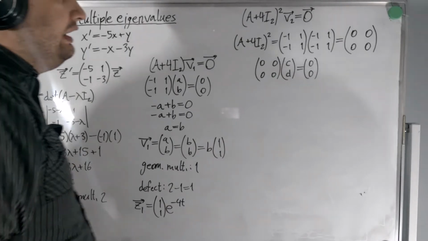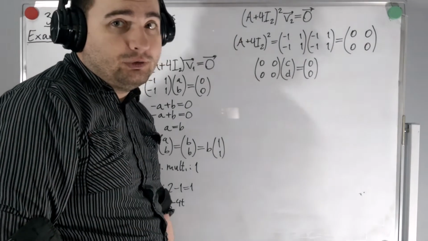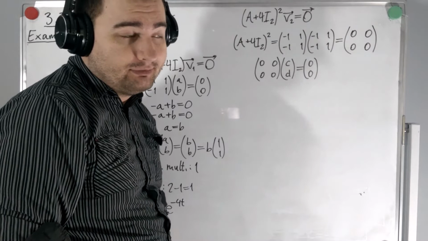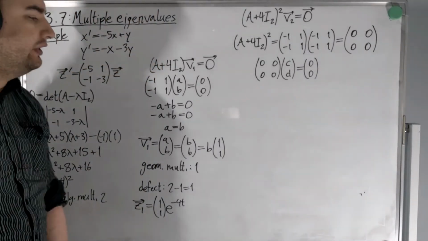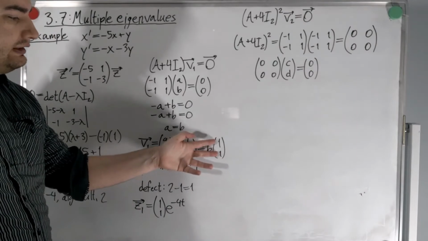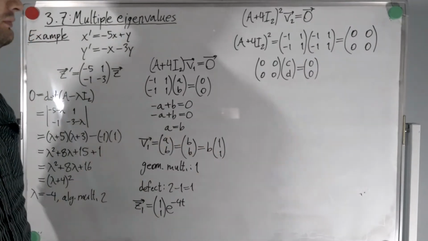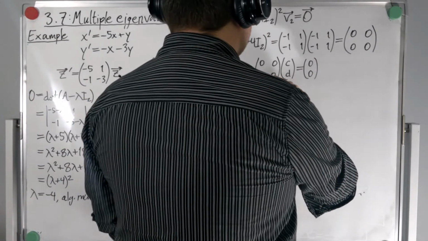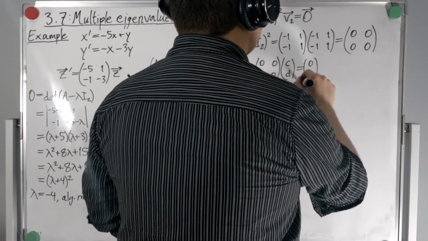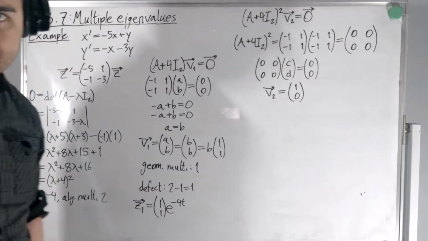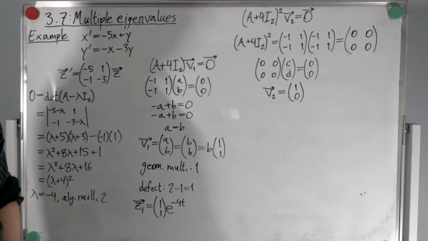Well, literally any c and d would satisfy that. So you just have to pick one that's not 0, 0, and it's also not a scalar multiple of 1, 1. So let's take v2 to be 1, 0 for no particular reason.